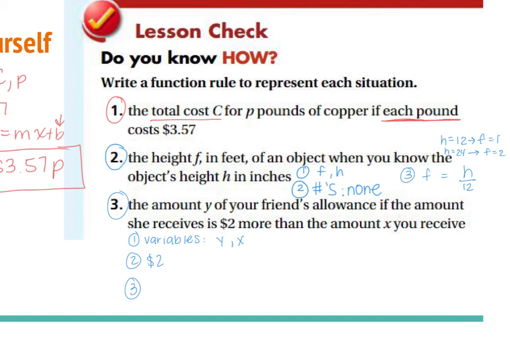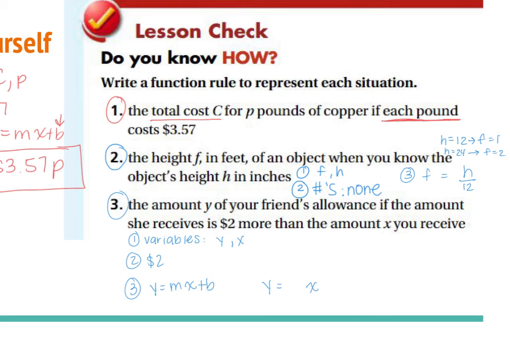Let's use them to write an equation. So we're going to write in the form y equals mx plus b. Okay? So the amount y of your friend's allowance is $2 more than the amount x you receive. So y equals x. What are we doing to x?